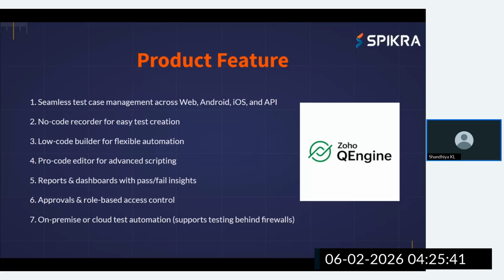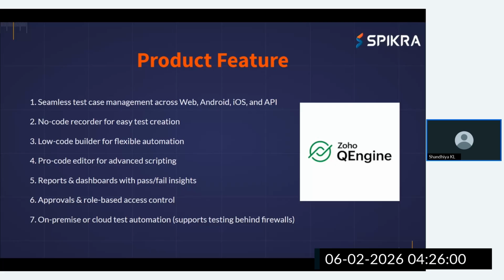It is also based on approvals and role-based access controls, so you can collaborate better with your team. You can set it up in such a way that managers provide approval, then access the test cases.